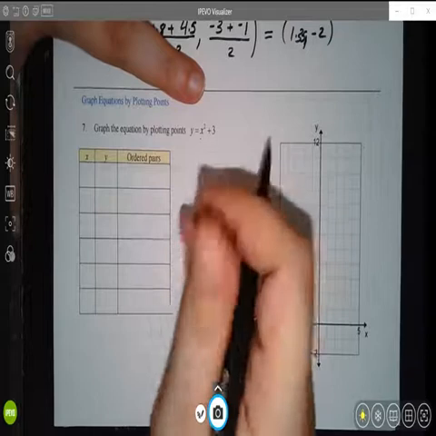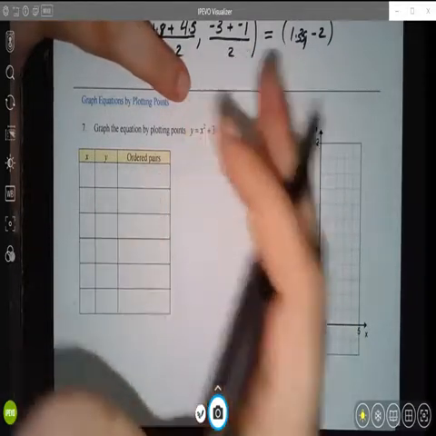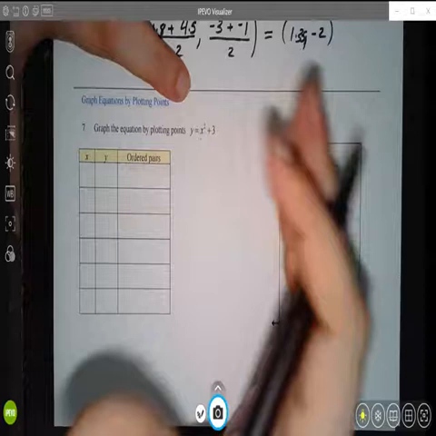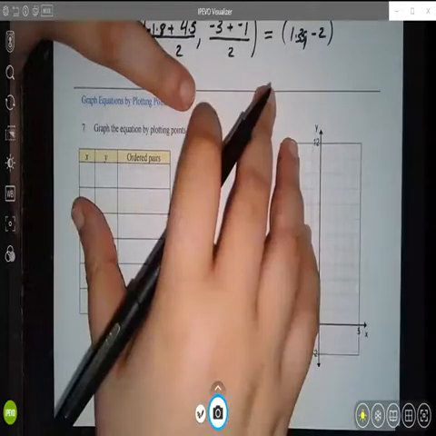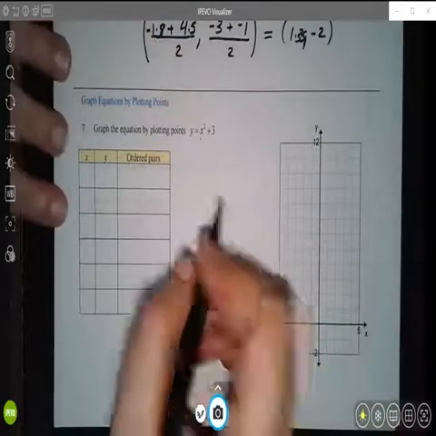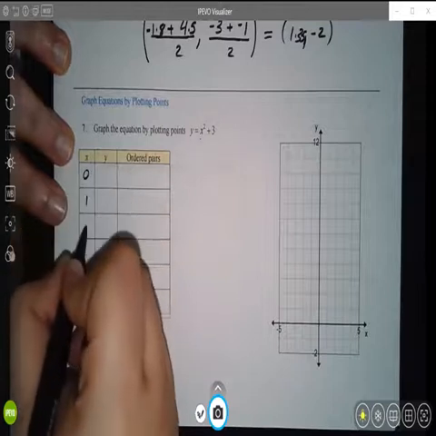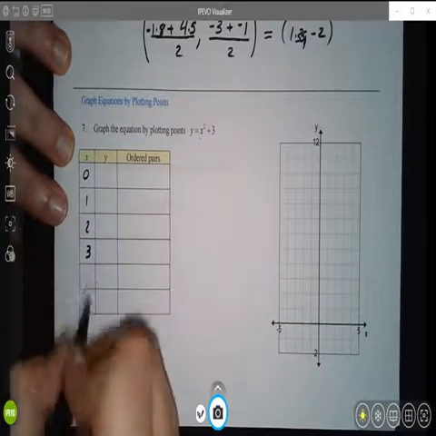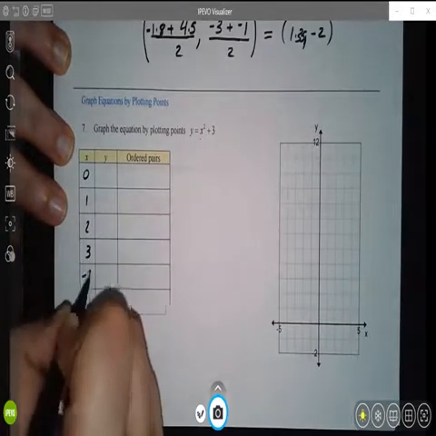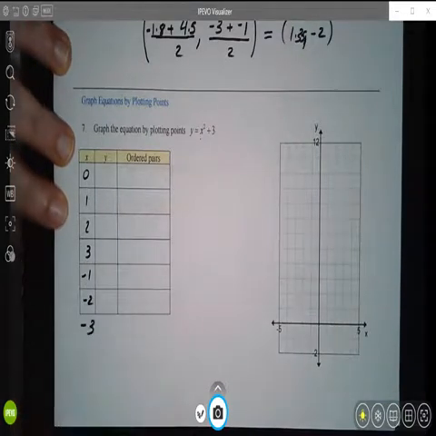Choose the simplest numbers possible, but make sure to choose a few positives and a few negatives to establish a pattern. Oh, I think it got stuck. Did it freeze? Oh, there we go. All right, so for example, say 0, 1, 2, 3, and then go -1, -2, and we're out of table, but I'm going to add one more, -3.